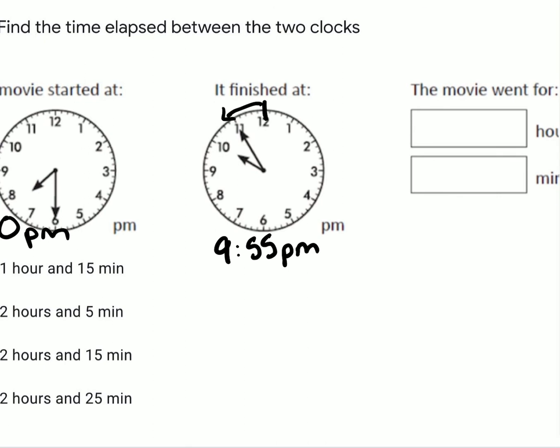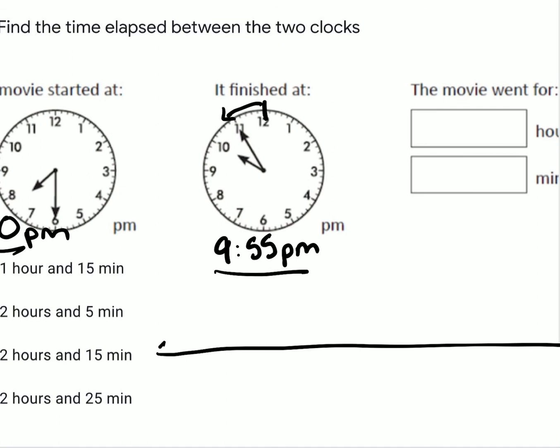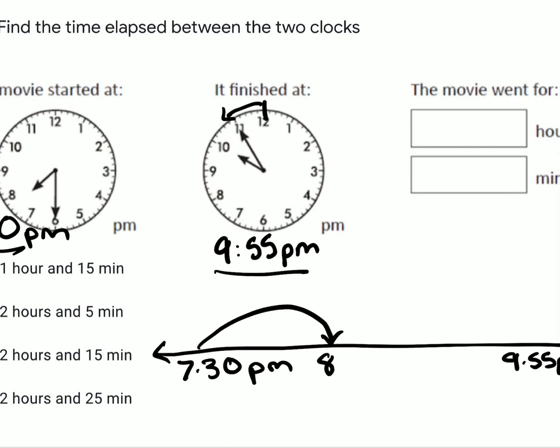Okay, so we need to find the time elapsed between 7:30 p.m. and 9:55 p.m. So we'll draw up a timeline. And let's take 7:30 p.m. to the nearest whole hour, which is 8 p.m. We just needed to add 30 minutes.